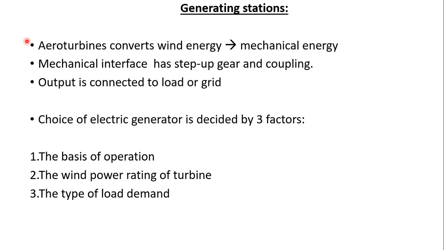The mechanical interface consists of a step-up gear, and second, a suitable coupling transmitter. This transmits the energy to the electrical generator. After that, the output of the generator is connected to the load or system.